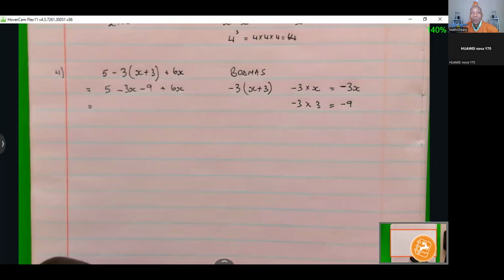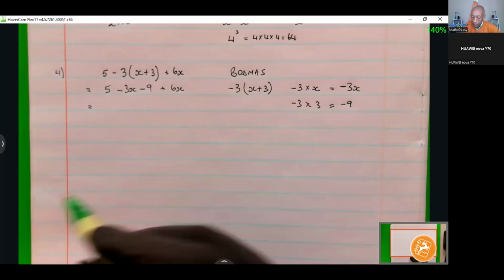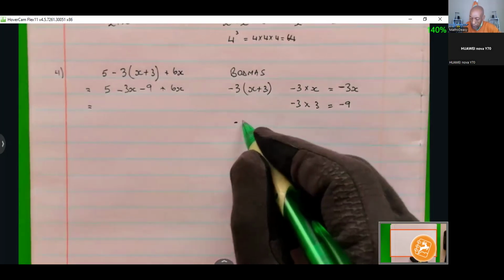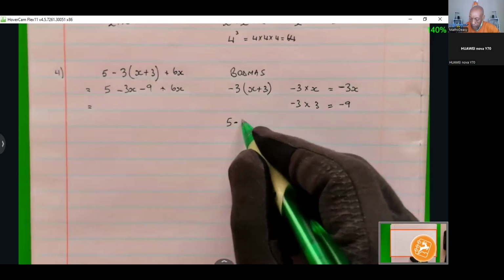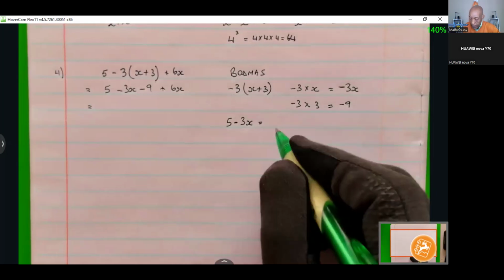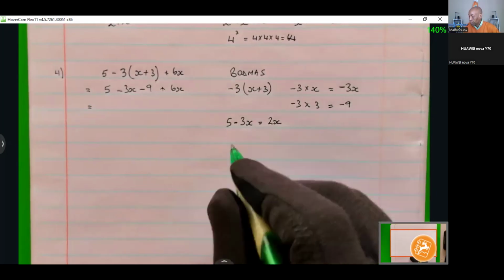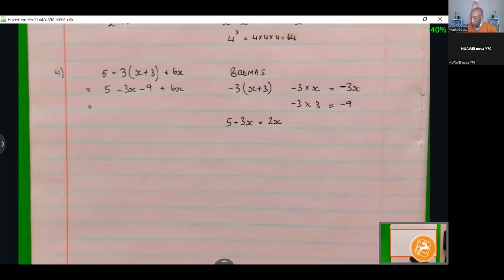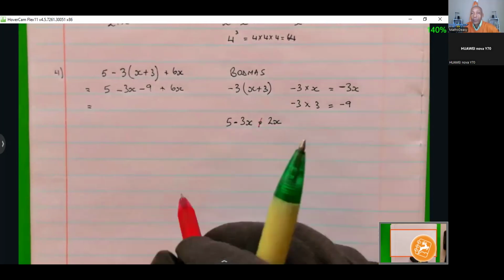5 minus 3x. What will that be? It's gonna be 2x. Okay. Can I take a number and a variable term and subtract them and say 2x? I can't, né?